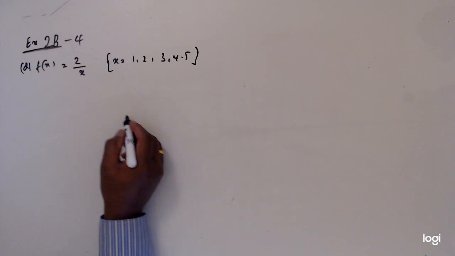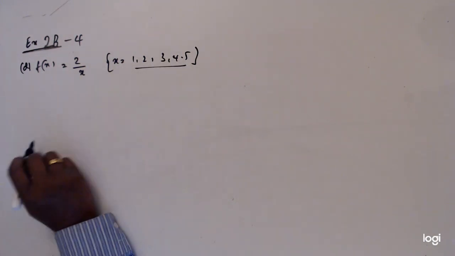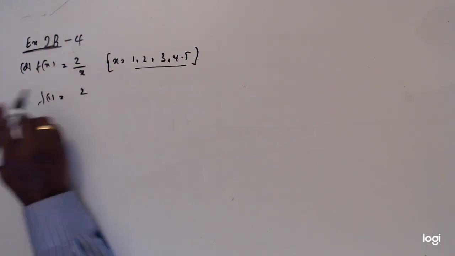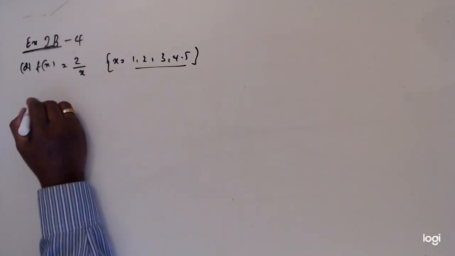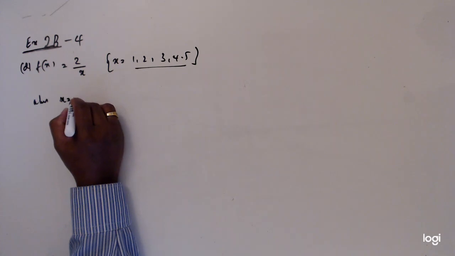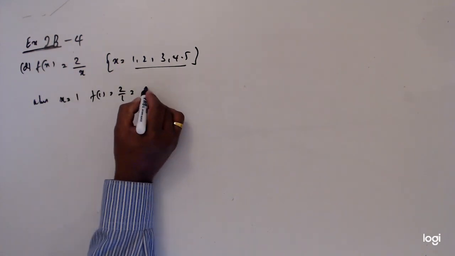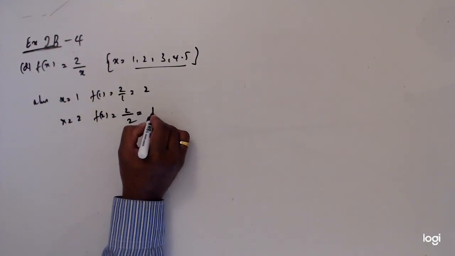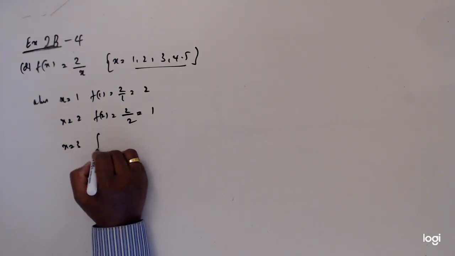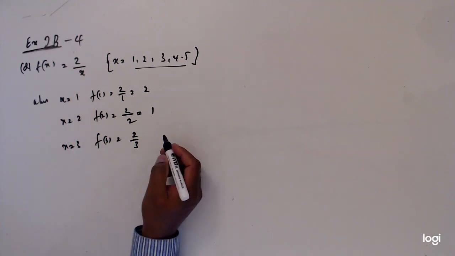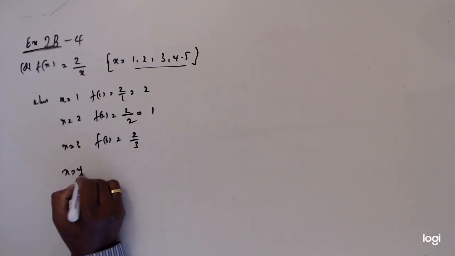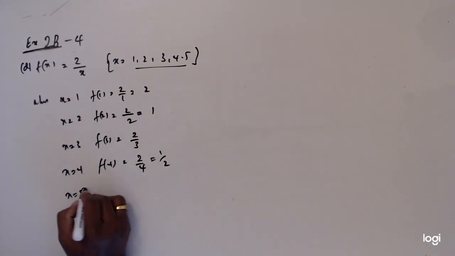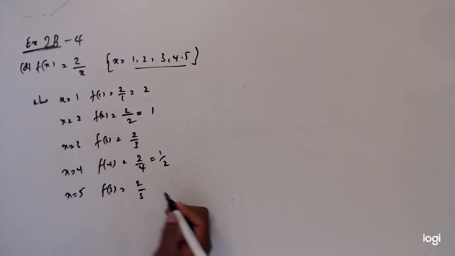Part D, f(x) equals 2 over x, and those are the domain. f(1) equals 2 over 1, equals 2. x equals 3, f(3) equals 2 over 3, x equals 4, f(4) equals 2 over 4, half, and x equals 5, f(5) equals 2 over 5.